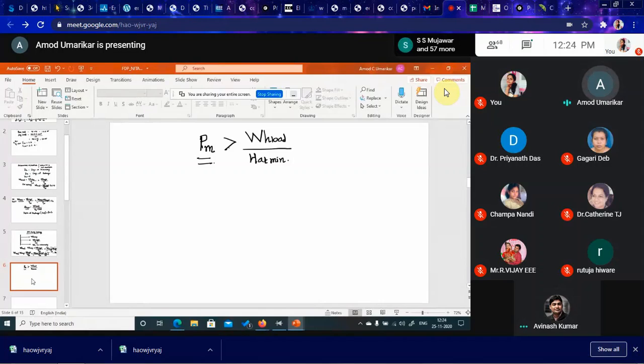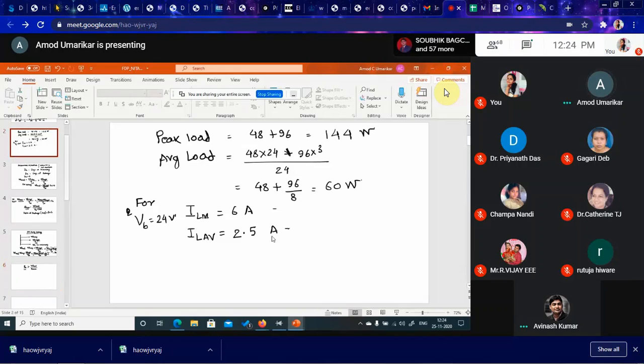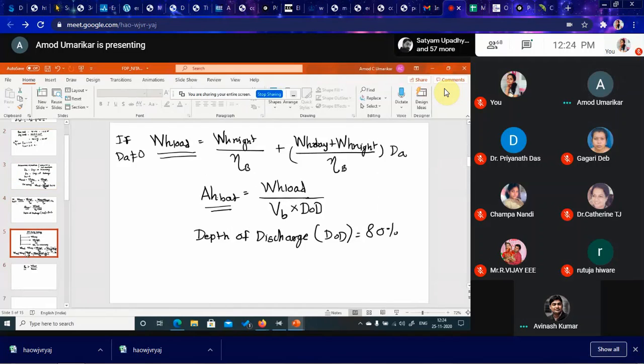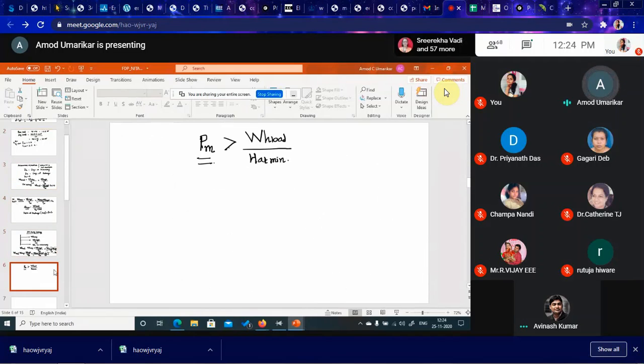Now let us check with our example. So this is what we have found out: peak load and average load. So what is the day load for us?